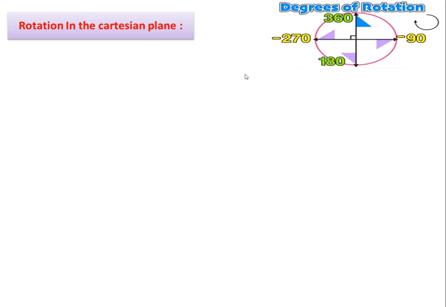Now we have some rules to get the rotation. At first, if we have a point (x, y) and we make a rotation about the origin point by 90 degrees, we get (negative y, x). We replace x by negative y, and replace y by x.